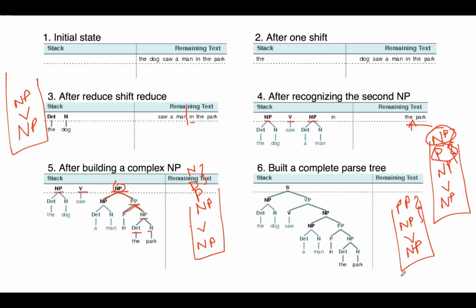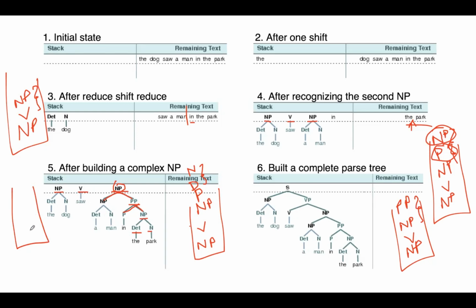Then check whether we can replace these two with anything else. Yes. Verb and noun phrase can be replaced with verb phrase according to the rules. Verb phrase gives you verb plus any combination of phrases.